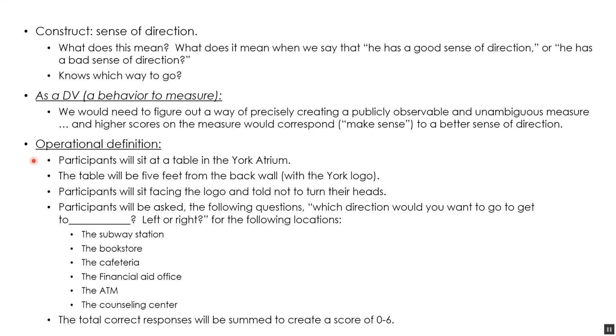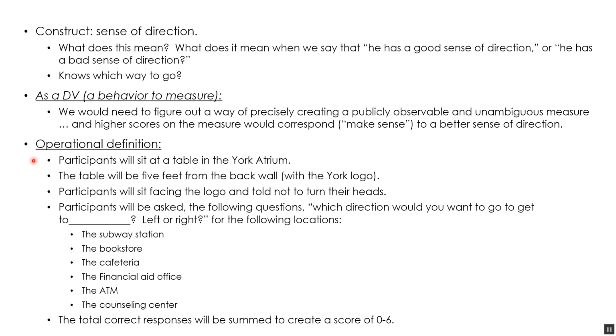Participants would sit at the table in the York Atrium. The table would be 5 feet back from the wall with the York logo. Participants will sit facing the logo, and they'll be asked not to turn their heads and stare ahead and look at the researcher. The participant will be asked the following questions.